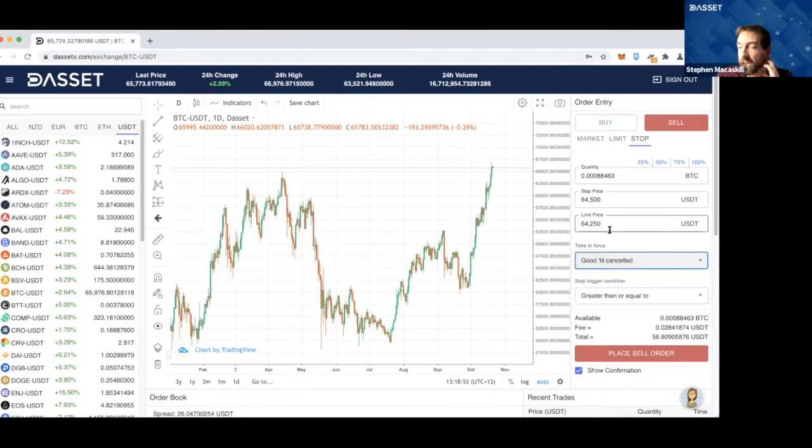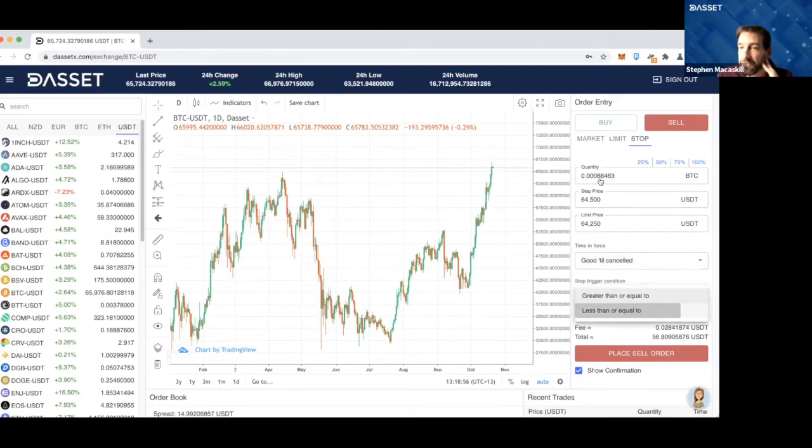I'm going to make it kind of easy. If I have this Bitcoin in my account and I'm worried that it's going to go down, I want to cut my losses. Or maybe not cut my losses, but hedge my profits, essentially maintain the profits that I made.